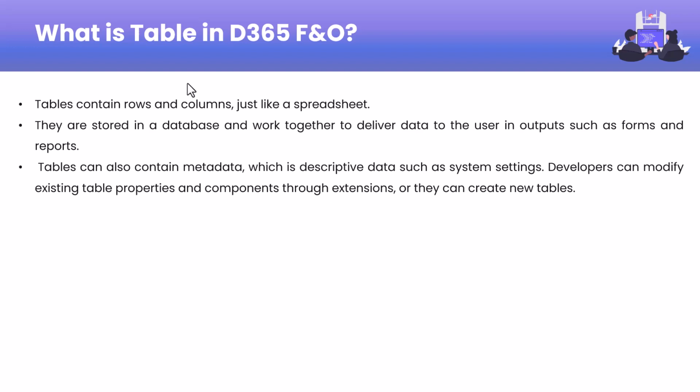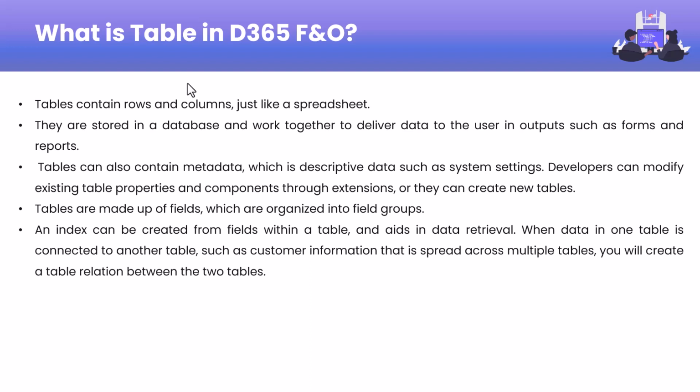Now we'll go to the next point. The next point is that tables are made of fields, which are organized into field groups. I'll show you what these field groups actually look like. The next point is that an index can be created from fields within our table and aids in data retrieval.